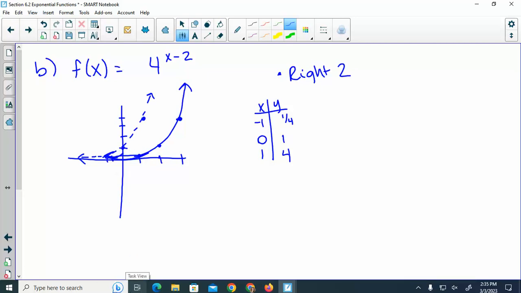So my asymptote didn't move there. What would cause your horizontal asymptote to move? Shifted up or down. Good.